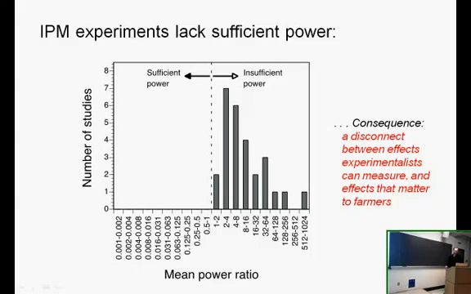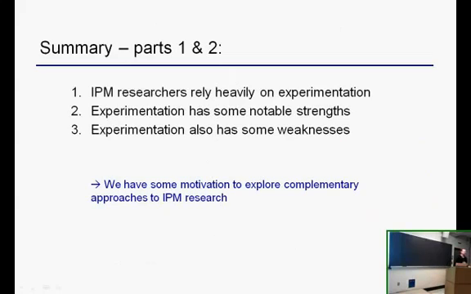Okay. So to sum up then this first sort of chunk of the talk, I've suggested that as pest management researchers, we tend to rely very heavily on experimentation. That's what we've been taught to do, and that's what we do. But experimentation, like any approach to research, has both strengths and weaknesses. Okay?